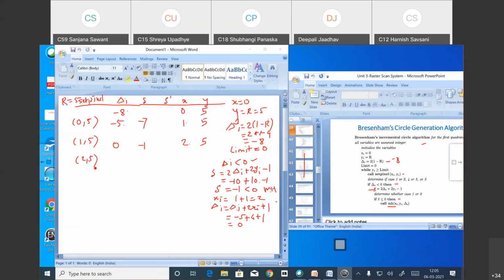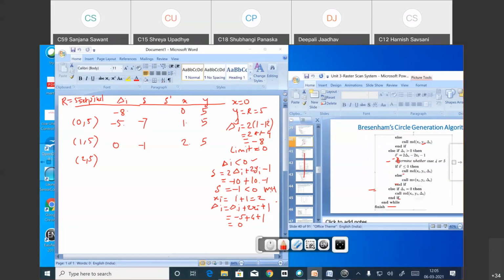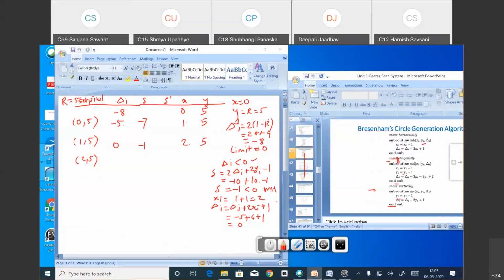It is equal to 0 now, and that's why, which one here? The third case, else if delta I is equal to 0, then call MD. What happens in MD? In MD, it increases both xi and yi.